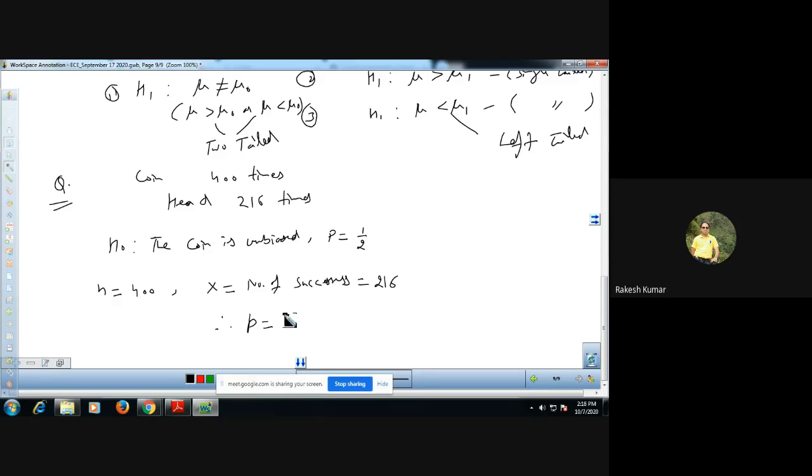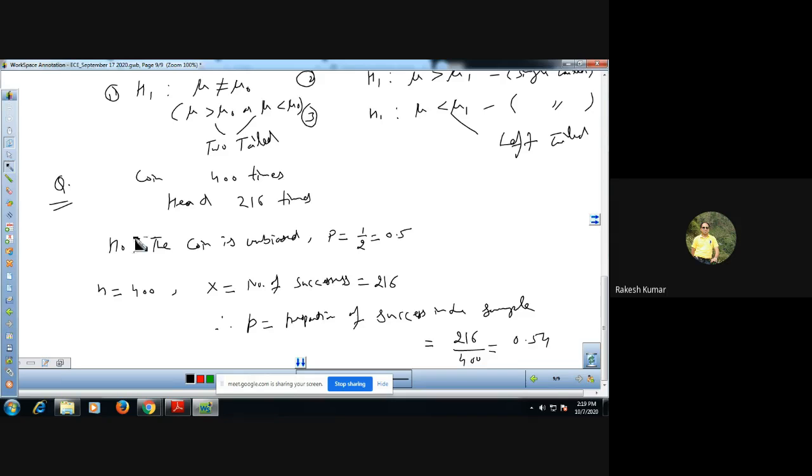Small p is the proportion of success, meaning the proportion of heads in the sample. And what is the sample size? 400. So that will be 200 upon 400. So it comes out to be 0.54. You can calculate that. And what is 1 by 2? That is 0.5. This is the proportion if the coin is unbiased.